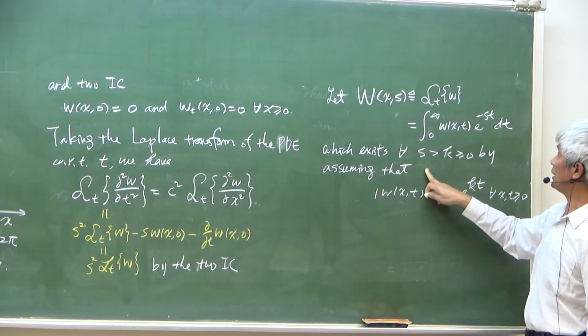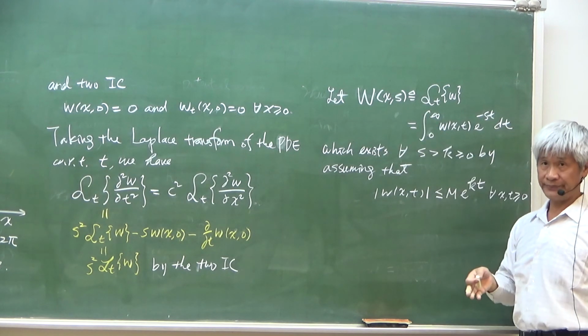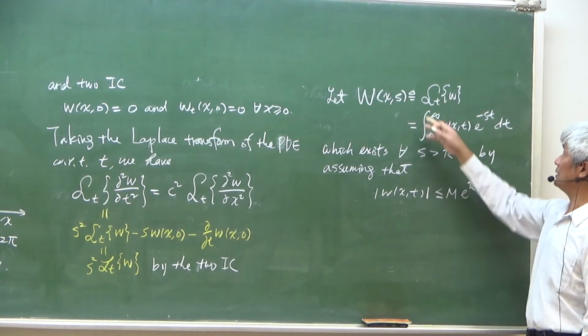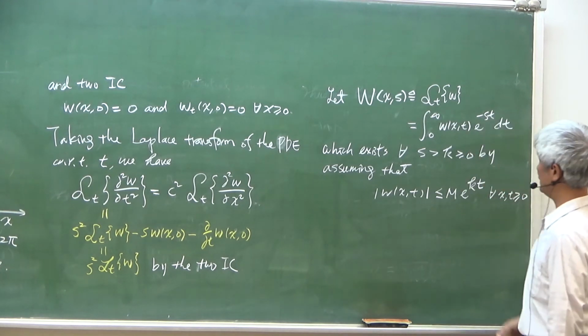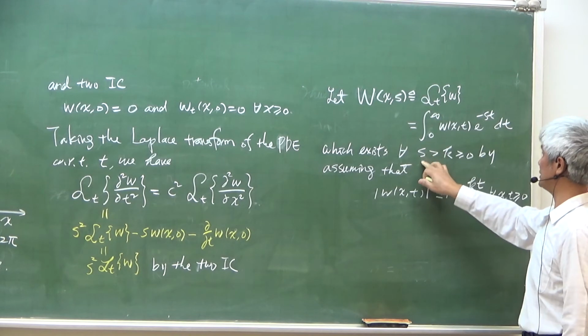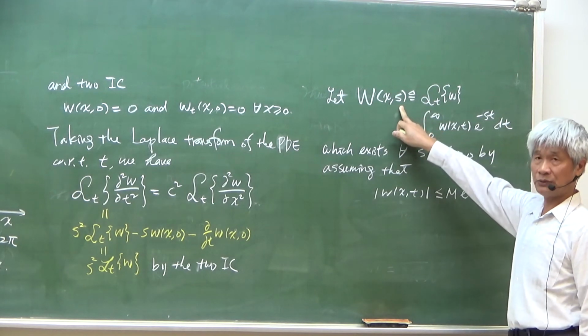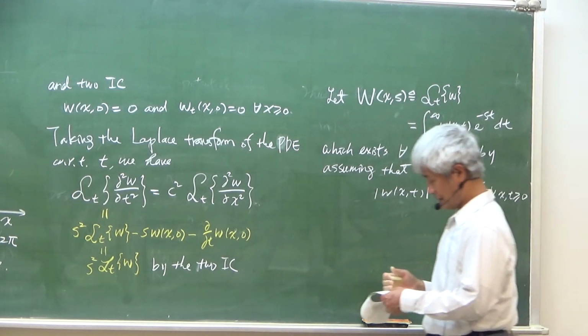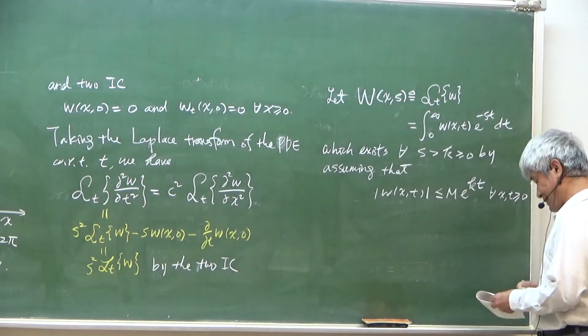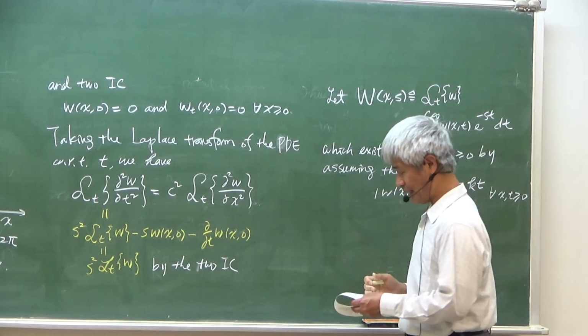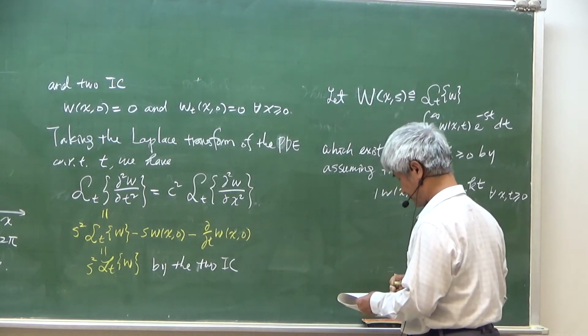Here we are talking about s to be real. In general, we can talk about s to be complex, but for the solution of an ODE, it is enough to consider the s parameter to be real, so we don't need complex analysis up to now. We haven't introduced that subject.